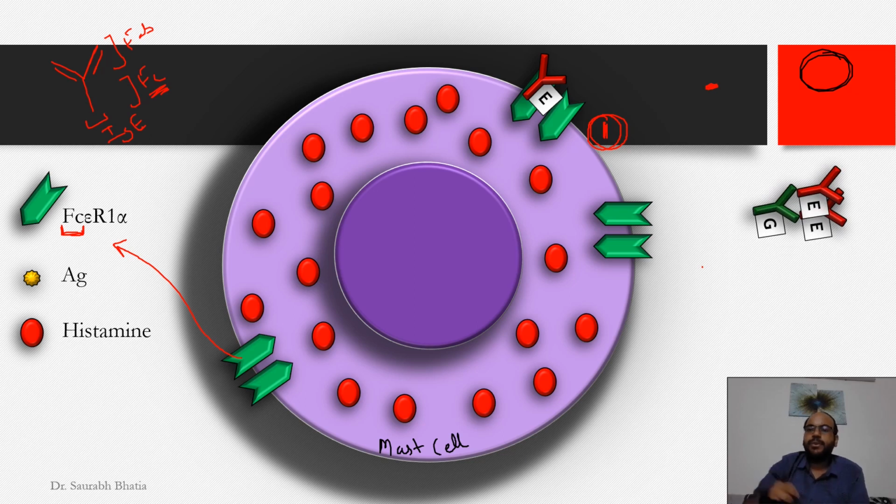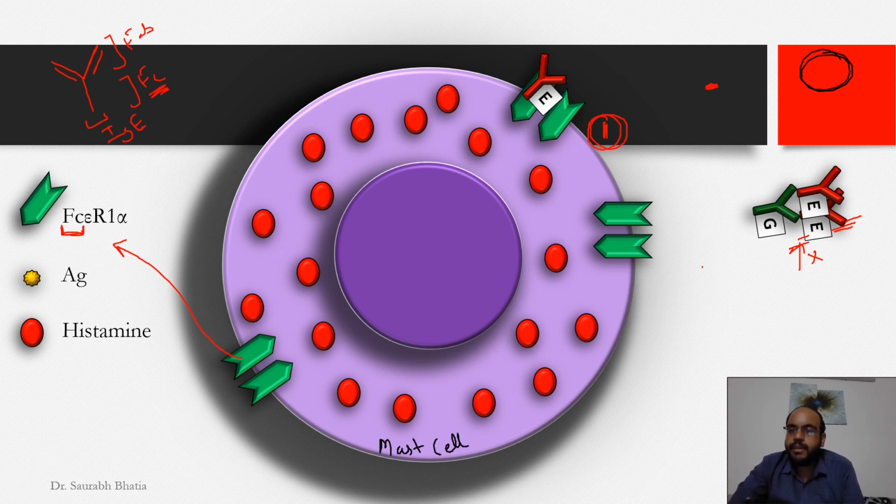Second method is that you have IgG antibodies against IgE antibodies. Now these IgE antibodies are not activated like the first step. In the first step you have an IgE antibody which gets activated by an antigen and then attaches to the Fc receptor.